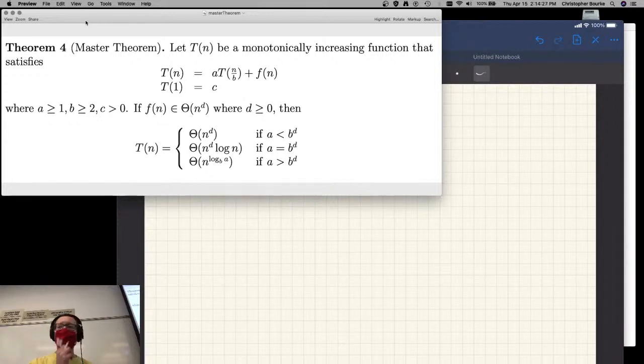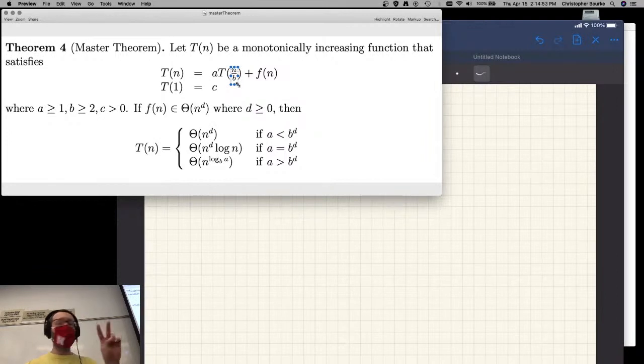Now here it's using thetas everywhere. Don't worry about those thetas. Theta implies big O, so we'll keep it with big O. But let t sub n be a monotonically increasing function that satisfies this. Basically, it's a recurrence where you are making a recursive calls. You are taking the input n and decreasing it by some constant factor.